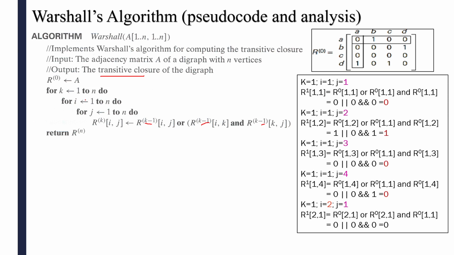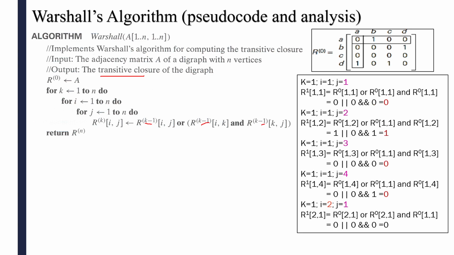I took 1 to n for the adjacency matrix, which starts with 1 and ends with n. So that is equal to R of k minus 1. k is 1, and 1 minus 1 means it is 0. So R of 0, with i as 1 and j as 1, since k minus 1 equals 0 and i is 1.